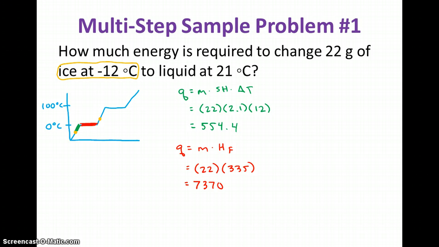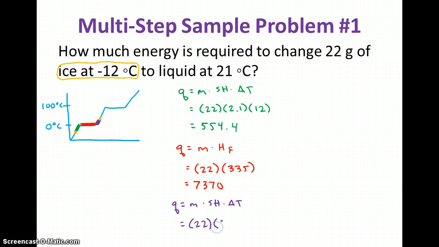The last portion is this one right here. Okay? That last portion in purple is a liquid heating up. We've already melted. We're done with that red portion. Now we've melted into liquid, and we're going to be heating this up. Q equals M times specific heat times delta T. The mass is 22.